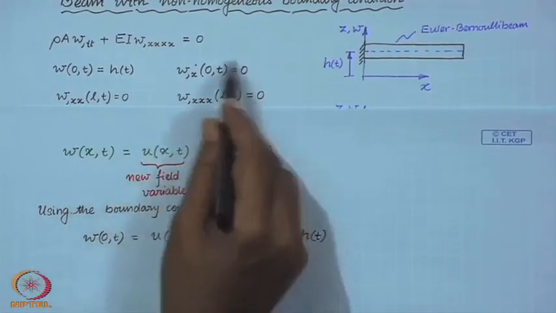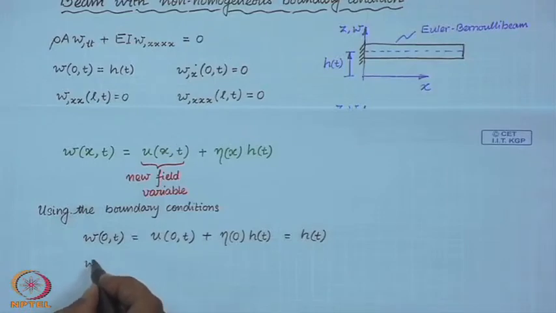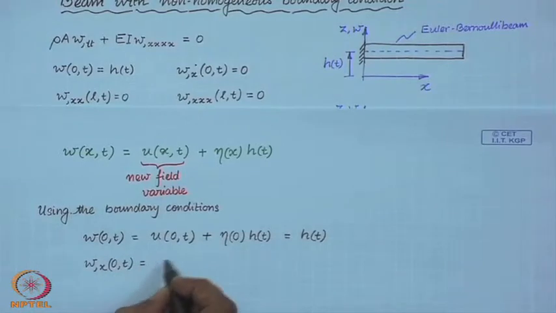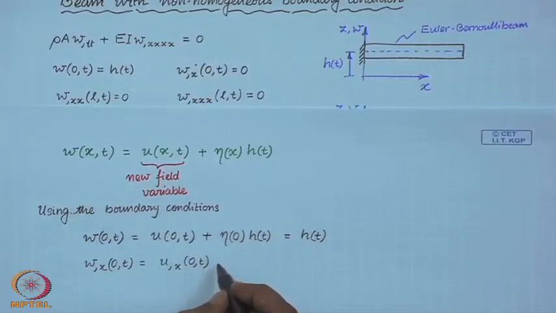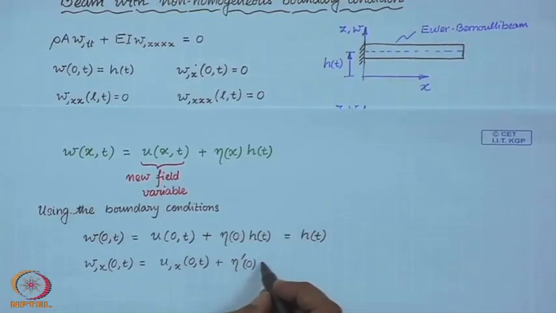The slope condition, where prime here denotes derivative with respect to x, must be 0.